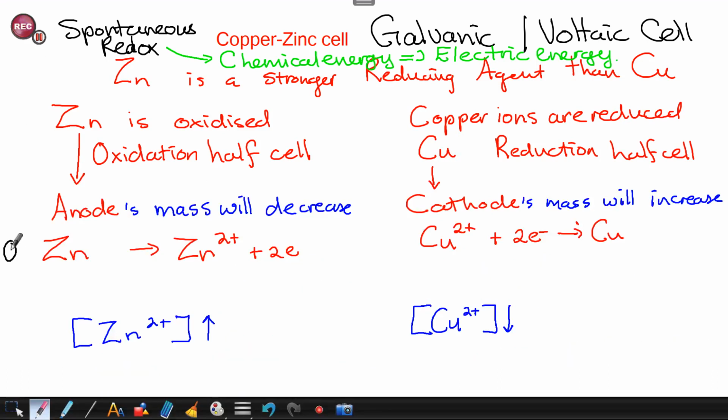So the oxidation half reaction is the zinc going to zinc 2+, and the reduction half reaction is the copper 2+ going to copper. So what is the net redox reaction?